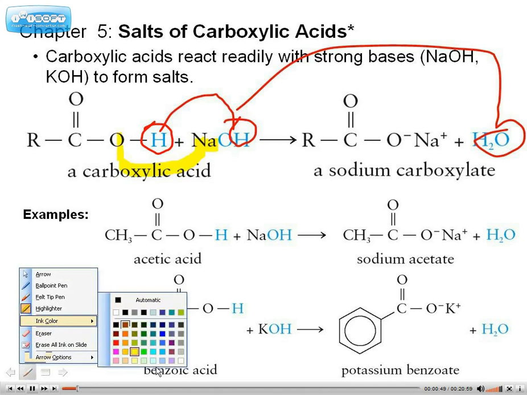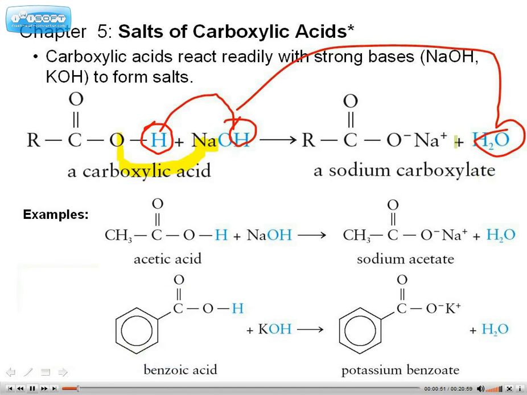Consequently, we now have ionic forces, making it a very polar functional group. This right here is now what's called a carboxylic acid salt.